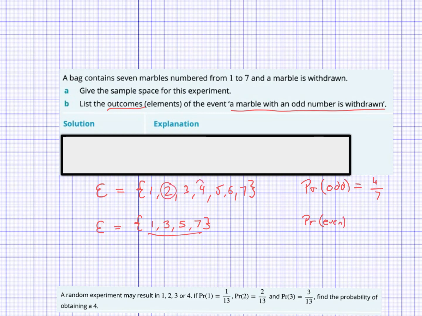There are 2, 4, 6. There are 3 even numbers out of a possible 7. So what we're looking at here is just the event's sample space over the total sample space, or the number of odd out of the number total. So this is another way of thinking about probability.